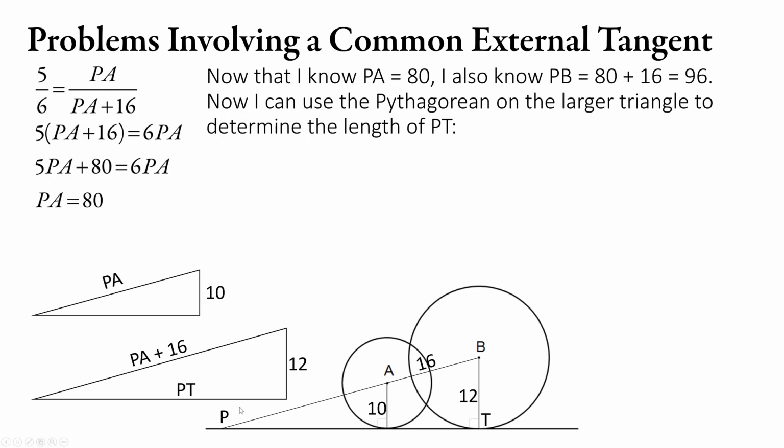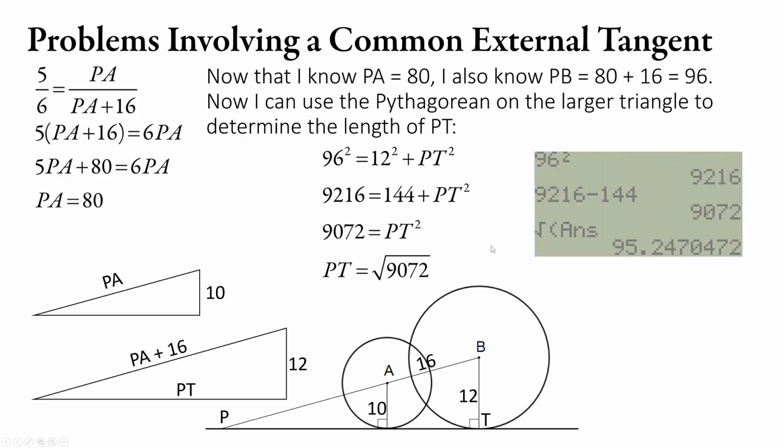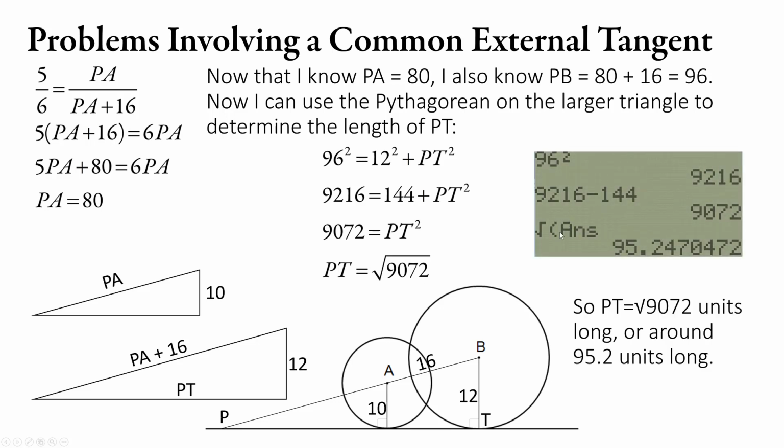Then finally, to find the length PT, I can use the Pythagorean theorem. 96 is the hypotenuse, and I know one of the legs is 12. So I get 96 squared equals 12 squared plus PT squared. I do some calculator work. Subtract 144 from both sides, so PT is the square root of 9,072, or around 95.2 units long.